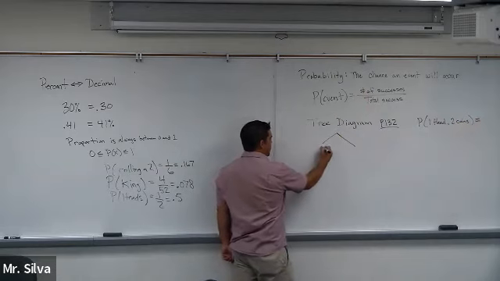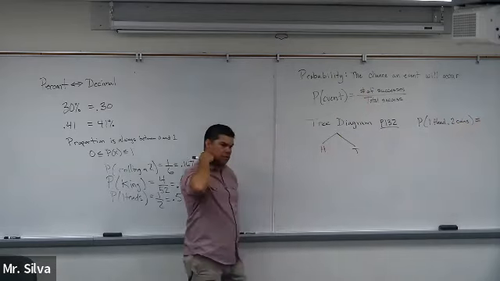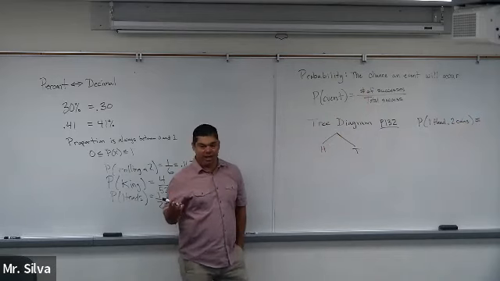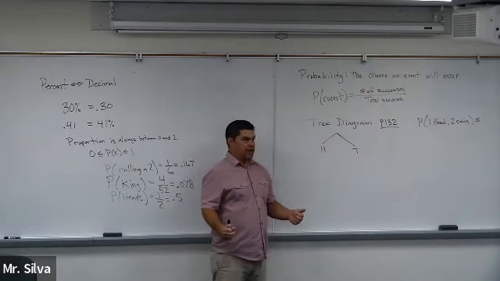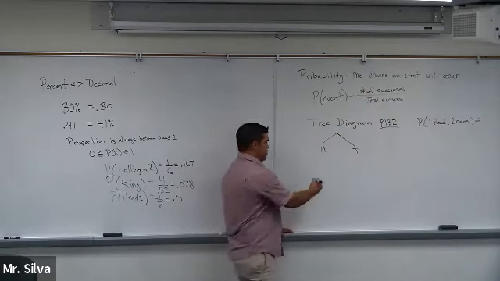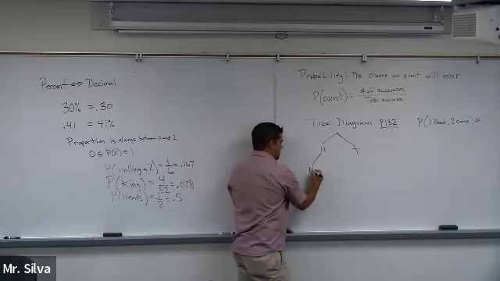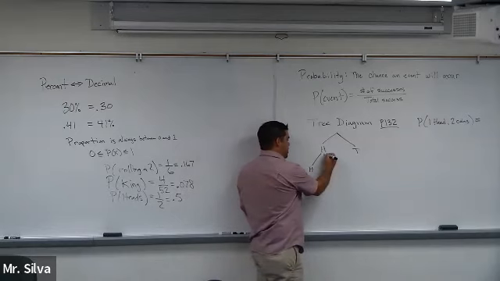So this is my first toss. Heads, tails. I want to flip the coin again. So let's say I flip a coin and I get heads. Then I flip another coin and I get heads again. That's going to be this branch. Or I could get tails. If I flip the first coin is heads, second coin is tails.